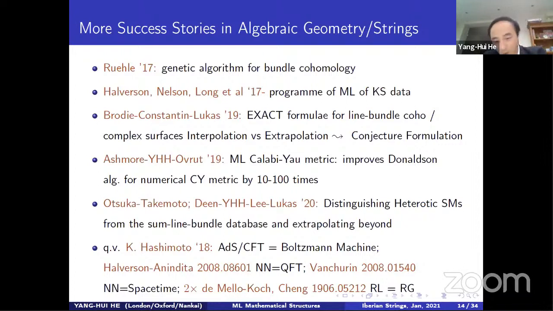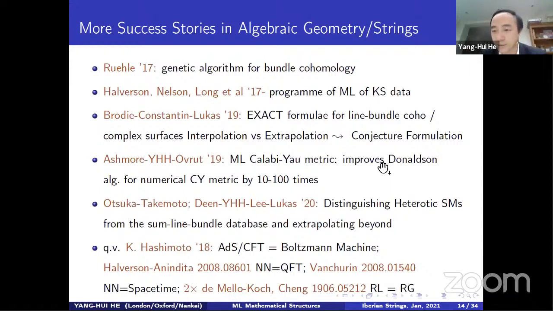There are more, I can tell you all these great success stories from various of our friends. And I like to point out some of these really nice works in the last two years of Hashimoto, Halverson, Vanchurin, and Miyako and friends, who are proposing something even more fundamental: is it possible that fundamental laws of physics are themselves interpretable as neural networks?